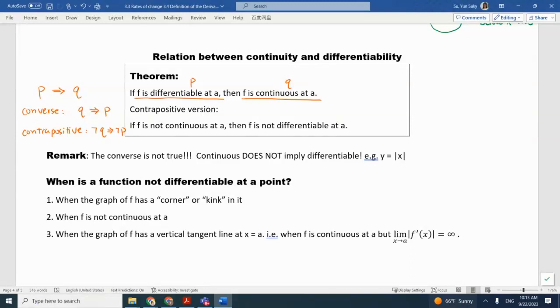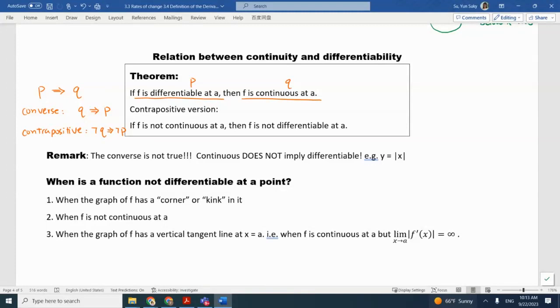Then not P: f is not differentiable at a. You see, everybody? So we switch the order and we put not in front of them. So this is the contrapositive statement. They are equivalent, so that's why we have two versions. Differentiable implies continuous, and if it's not continuous, then of course it's not differentiable.